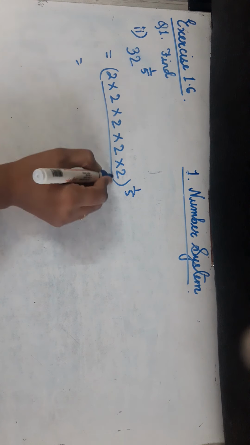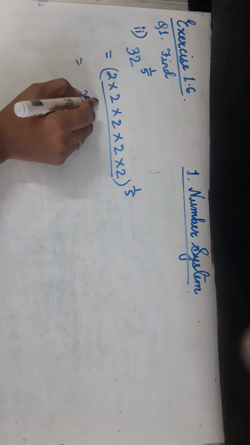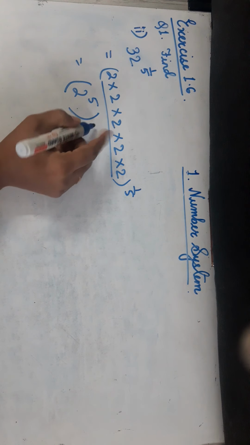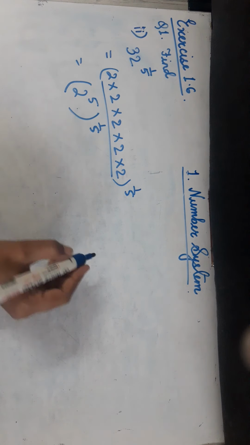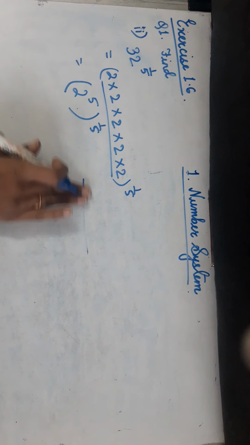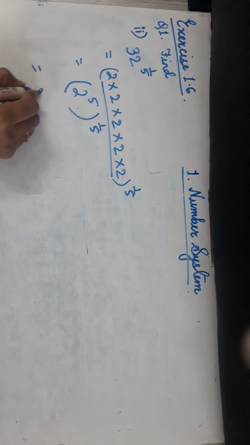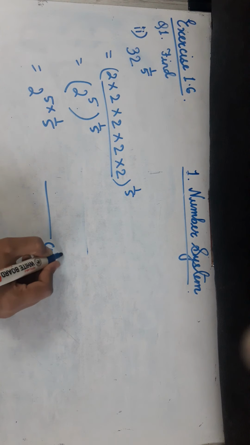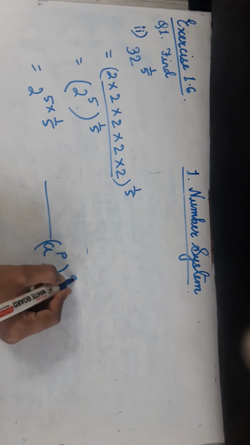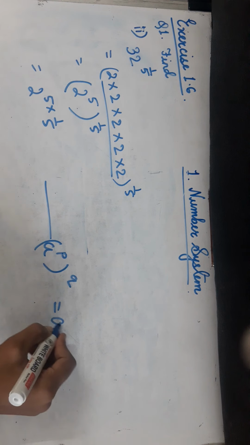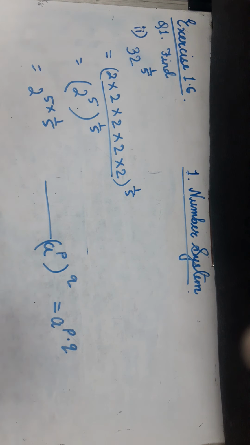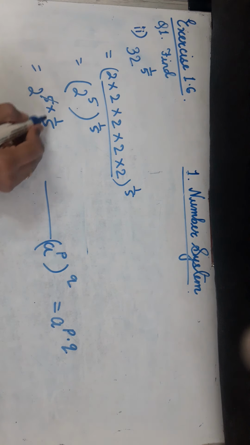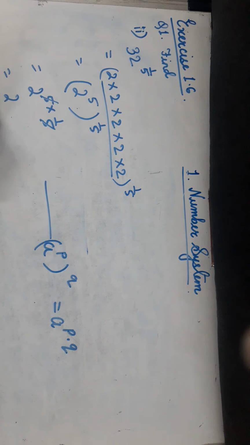Now I can write it as 2 raised to 5 whole raised to 1 by 5. Again which law will you use here? 2 raised to 5 into 1 by 5. A raised to p whole raised to q is equal to a raised to p into q. This law we are using. So 5 cancels. Your answer is 2. Easy?